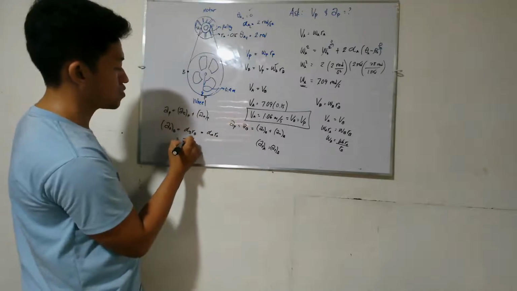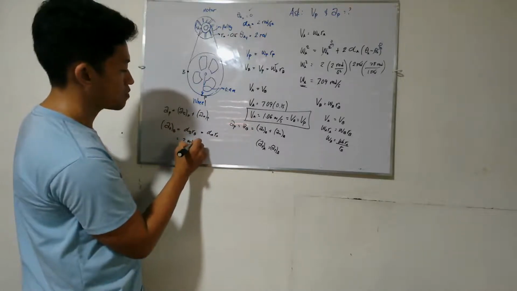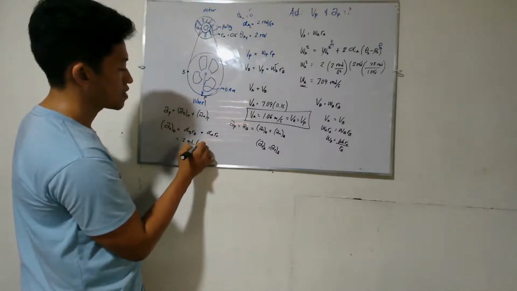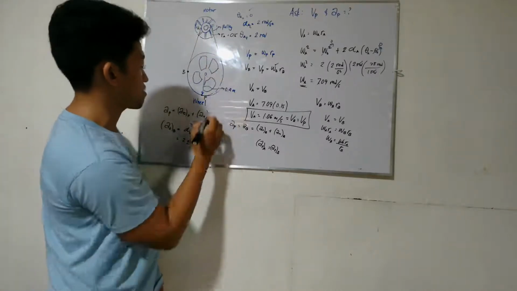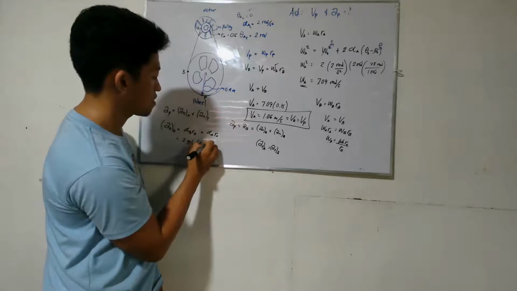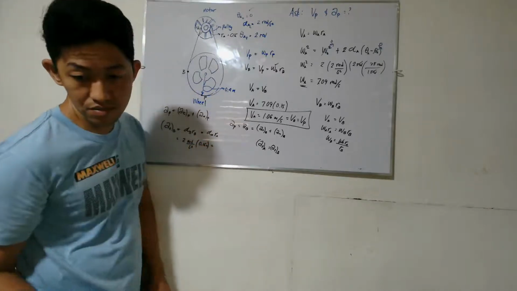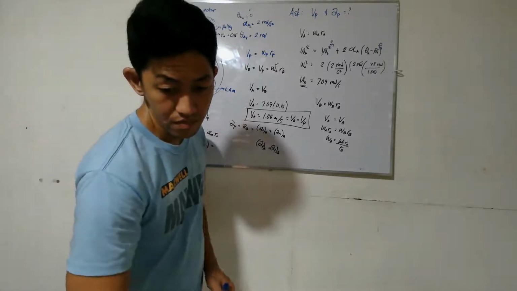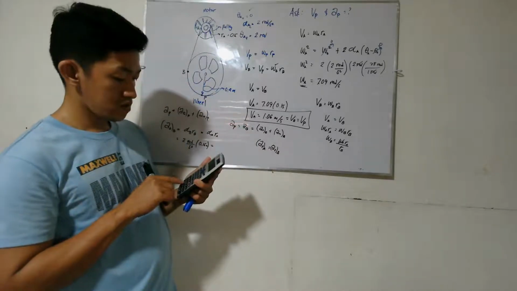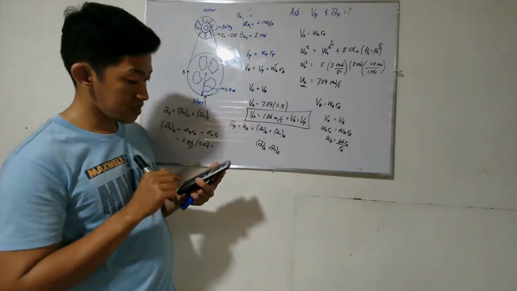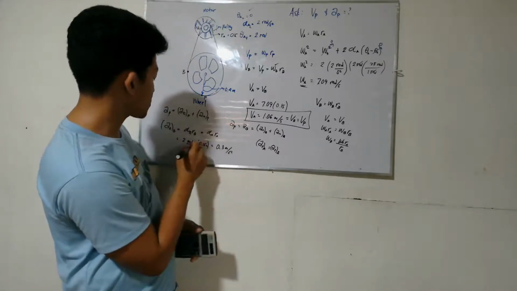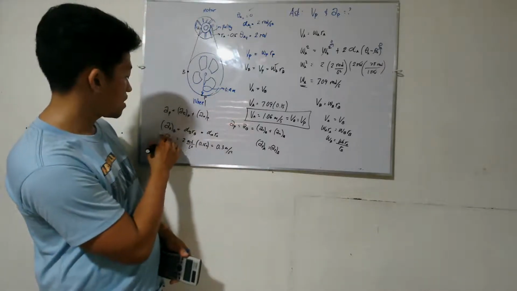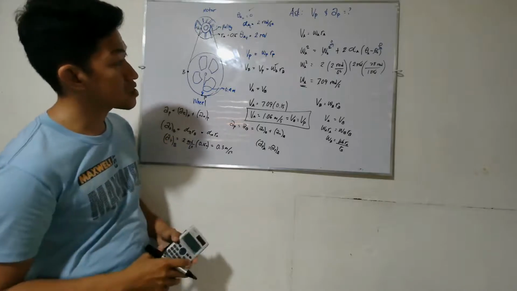So you have 2 rad per second squared times RA. What is RA? 0.15 meter. So the answer would be 2 times 0.15, 0.3. The unit is meter per second squared. Again, this is the tangential acceleration.